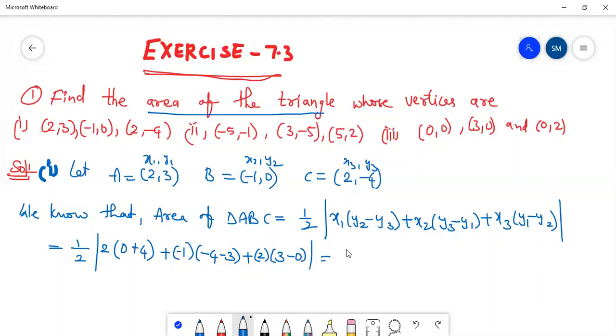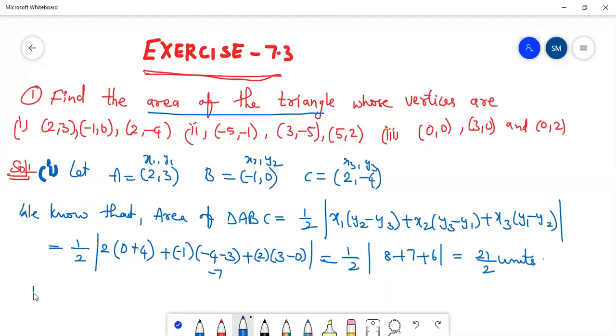That is equal to 1 by 2 into 2 4s are 8, minus 4 minus 3 is minus 7, minus into minus is plus, 7 ones are 7, 2 3s are 6. It is equal to 8 plus 7 is 15, 15 plus 6 is 21 by 2 units. That is the area of the triangle ABC.